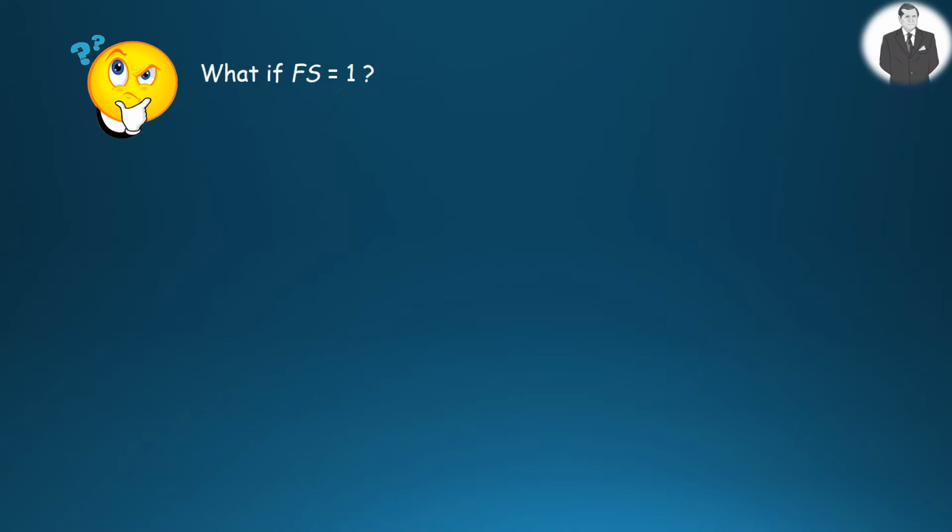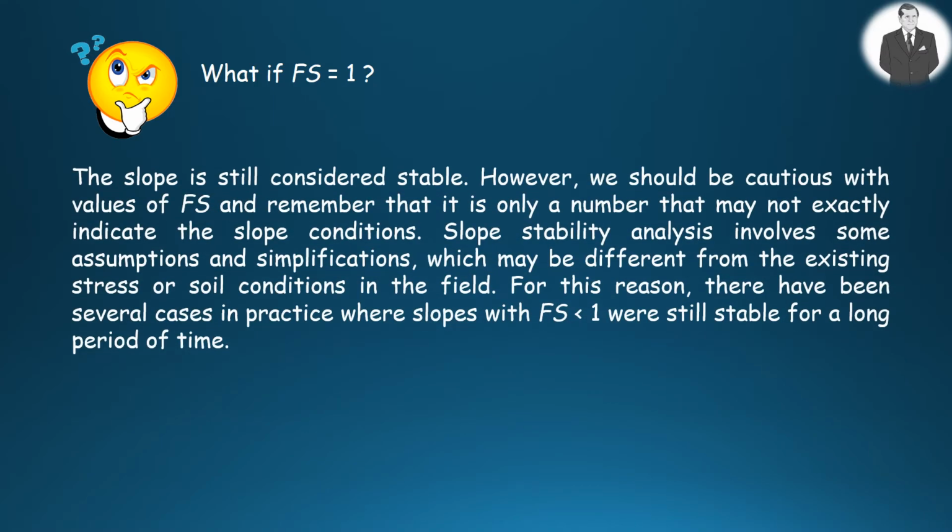Now then, what if factor of safety equals unity? The slope is still considered stable. Nevertheless, we should be careful with factor of safety values and remember that it is only a number that may not precisely show the slope conditions.